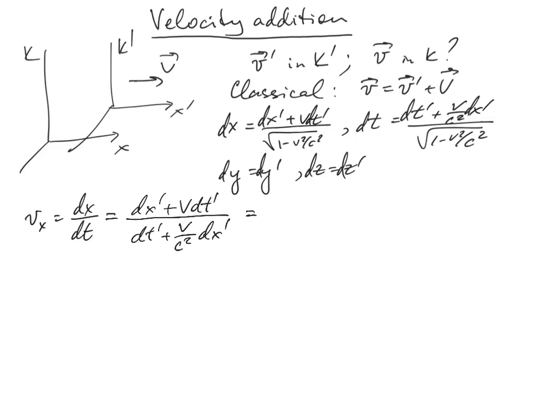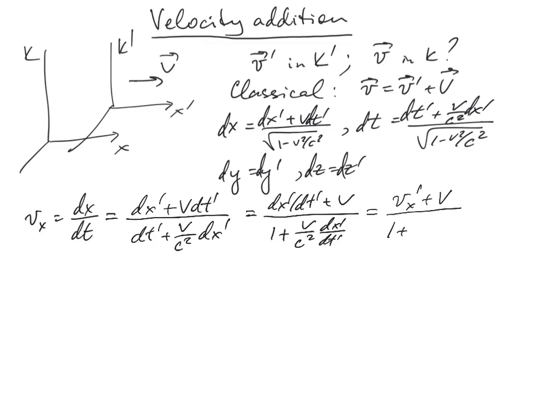So we have dx prime by dt prime plus v divided by 1 plus v over c squared dx prime by dt prime. But dx prime by dt prime is just by definition vx prime. So we find vx prime plus v over 1 plus v times vx prime over c squared.